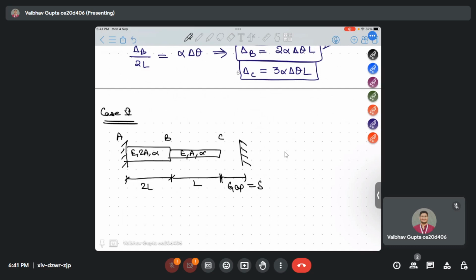Again they have asked: find the force F to be applied such that no gap should be left.